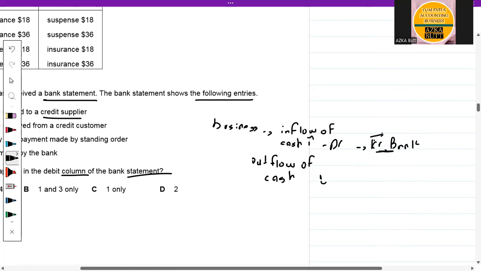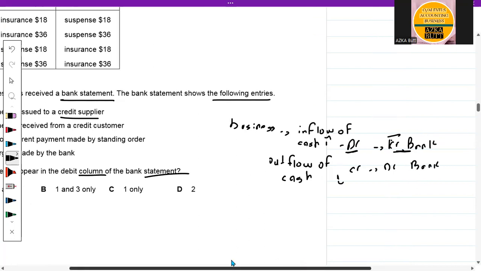Of course, the bank has to pay you this amount whenever you want to withdraw. So whenever you are crediting, this would be a debit for the bank because it is decreasing the liability for the bank.